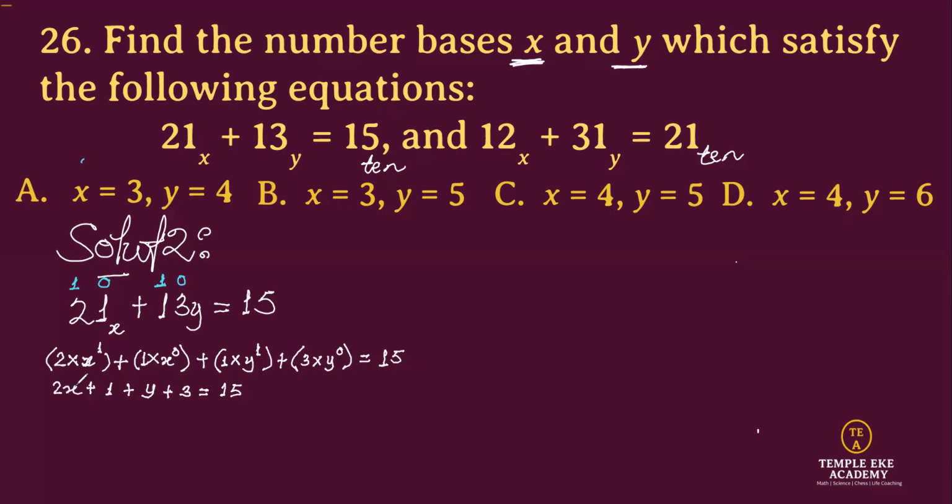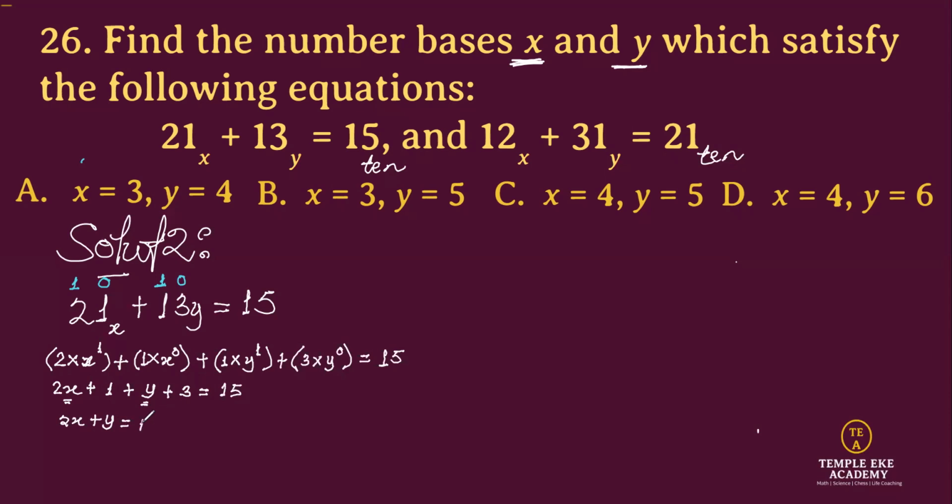Now, it is a good move to make the variables x and y occupy the left-hand side. So we can have 2x plus y, and now 1 plus 3 gives us 4. And we can subtract 4 from both sides very quickly.